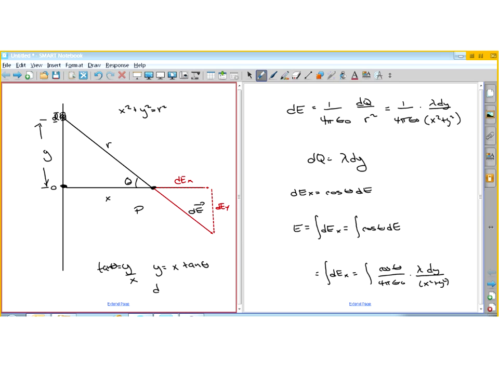And if you take the derivative, the differential dy, x is a constant, and the derivative of the tangent is the secant squared. So you get x secant squared of theta times d theta. So you're using implicit differentiation there. That's also equal to x d theta over cosine squared theta. So dy is equal to that.